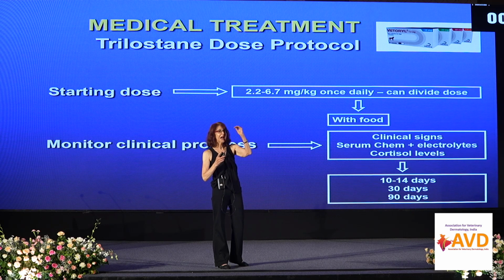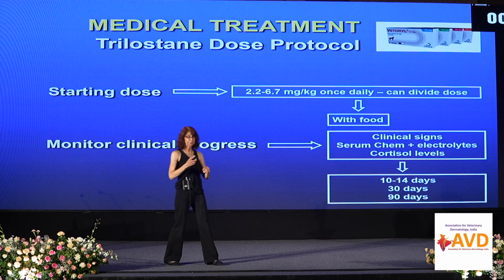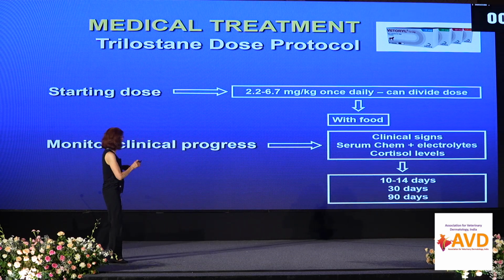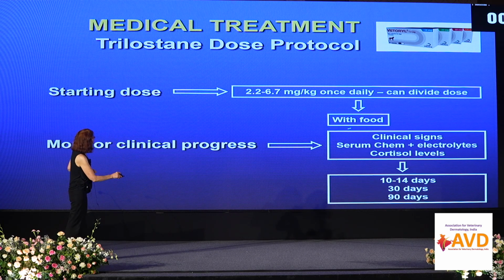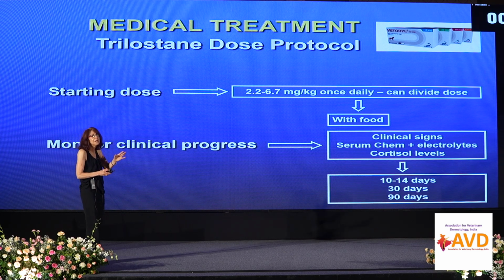It guides you with important questions to answer and a checklist. Then you do a serochemistry profile, electrolytes, and cortisol levels. And you do that at 2 weeks, 30 days, 90 days. You can modify that a little bit.